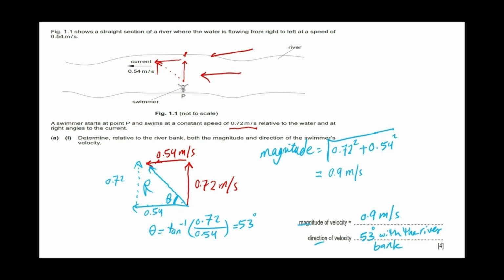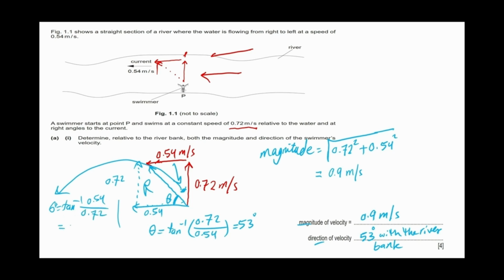Or you can get it like this. You can get the angle here. Okay, shift tan 0.54 over this and get 90 minus it. But this is easy. So you can get it again like this. You can say that the angle here, theta equals tan minus 1, 0.54 the opposite over 0.72.